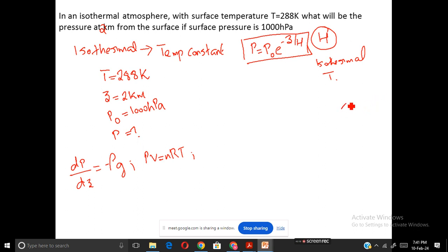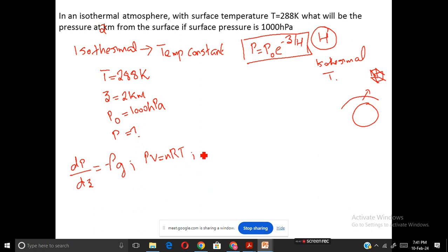An air parcel means we take a small portion of the atmosphere with an infinitesimal volume of air. This is called an air parcel. When we talk about problems and motions, this is a terminology that we generally use.